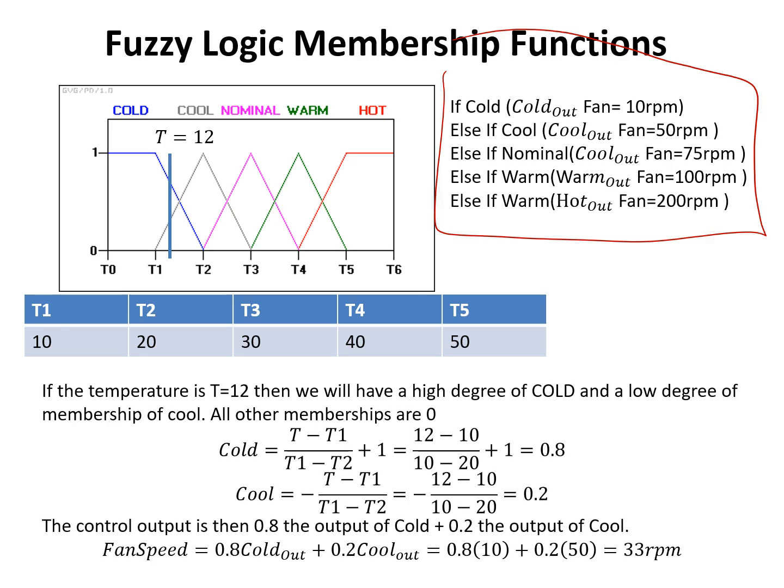So now what we say is, for argument's sake, the temperature associated with cold is 10 degrees, for cool 20 degrees, for nominal 30, 40 for warm, and 50 for hot. So if we're lower than 10 degrees, then we are in the cold state. If we're between cold and cool, we'll go to either the lower or the higher state.